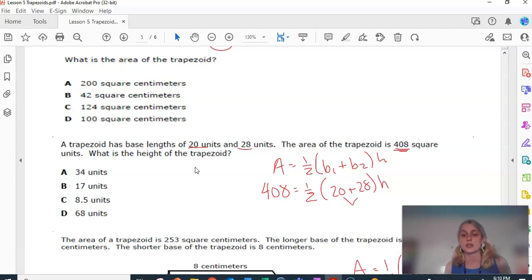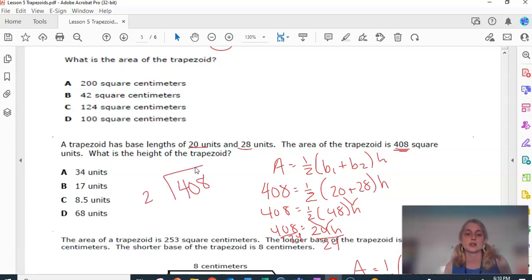So add 20 and 28. 408 equals 1/2 of 48 times h. You can cut 48 in half. 408 equals 24h. When you don't know your 24's times tables, because I don't know my 24's times tables, you can say, okay, 24 times something equals h.